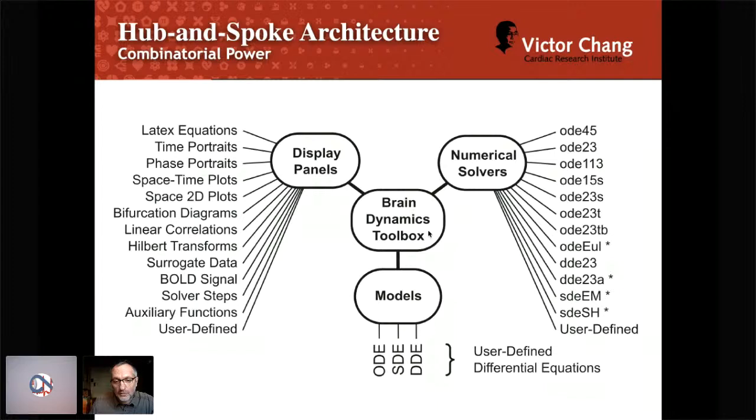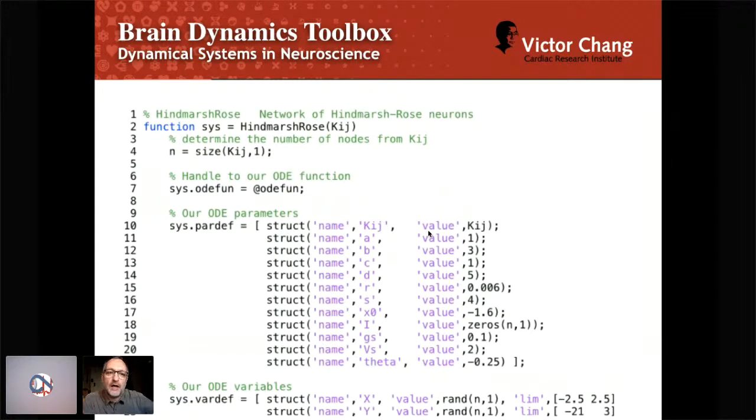So what does a model look like? Here is an example of a user-defined script that populates a data structure called sys. This is a network of Hindmarsh-Rose neurons. It takes a single input parameter, which is the connectivity matrix of the network you wish to define, and it populates a system structure which you then load into the toolbox to run.